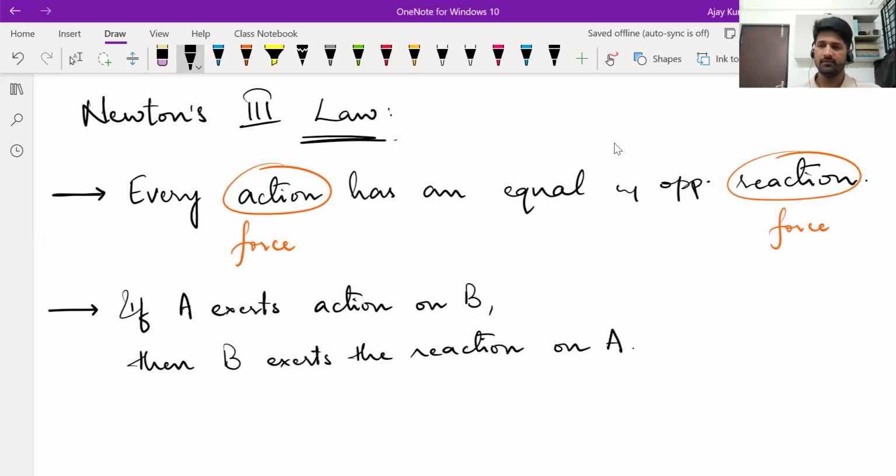And also, if A exerts action on B, B won't exert the reaction on someone else. B will exert reaction on A itself. And those two forces become something we call an action reaction pair.